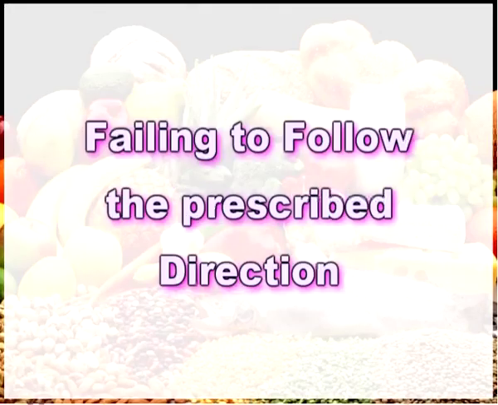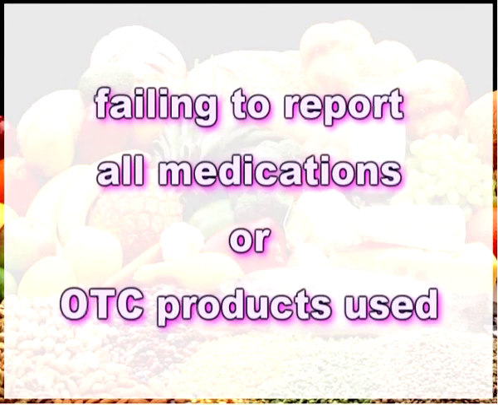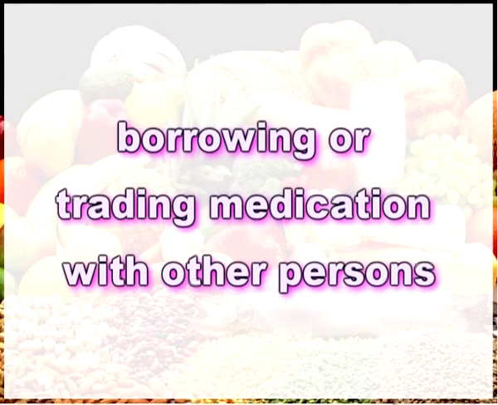Self-medication and irrational use of over-the-counter medicines can cause drug interaction. Patients sometimes contribute to the problem by self-medicating, failing to follow the prescribing directions, failing to report all the medications or OTC products used simultaneously, and borrowing or trading medication with other patients.